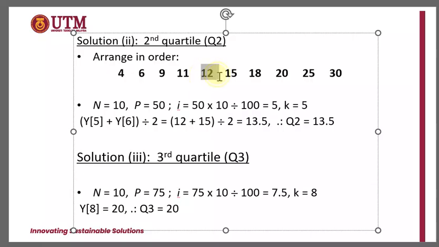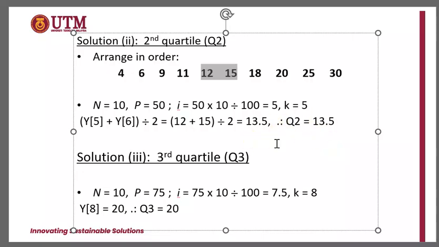So 12 plus 15, that is y of position 5 plus y of position 6, divided by 2. So 12 plus 15 divided by 2, this is Q2.